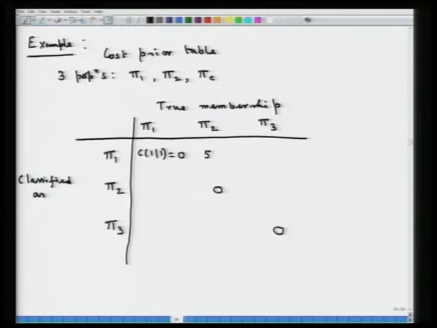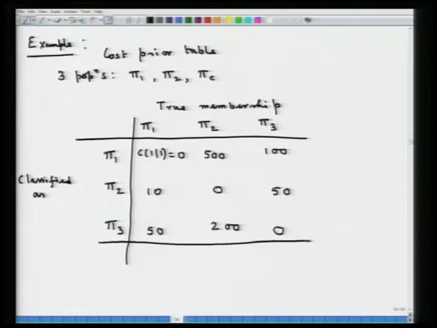Suppose we have, for this hypothetical example, that this is equal to 100, this is 500, this is 100, this is 50, this is 10, this is 50, and this is equal to 200. So this is the cost of misclassification table.